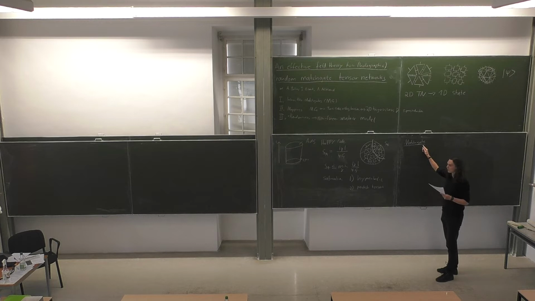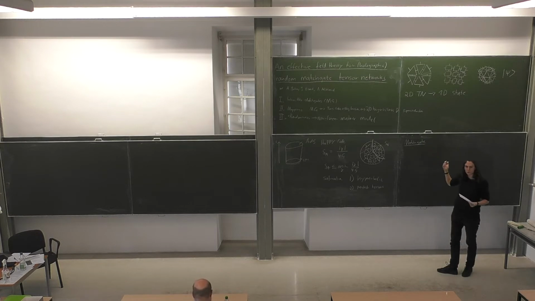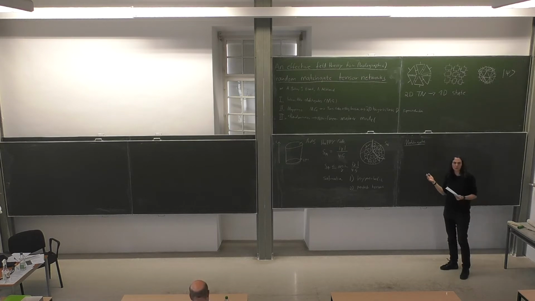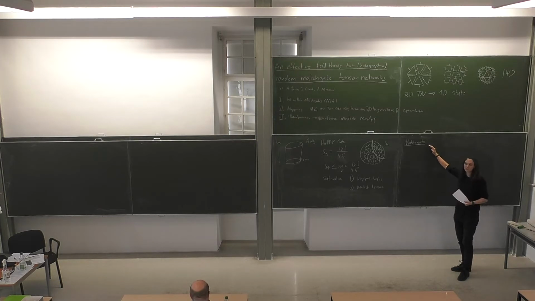I will come to the definition of matchgate tensors in a second. I think probably most of you are familiar with them, or if not, you've already seen them today. They are equivalent to fermionic Gaussian tensors. This makes them very suitable for numerical studies because they can be contracted efficiently.